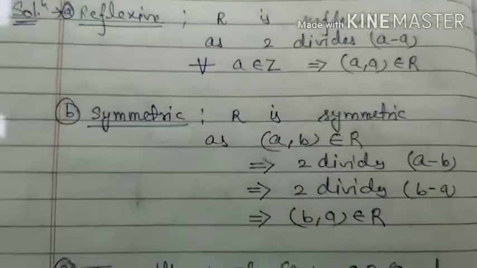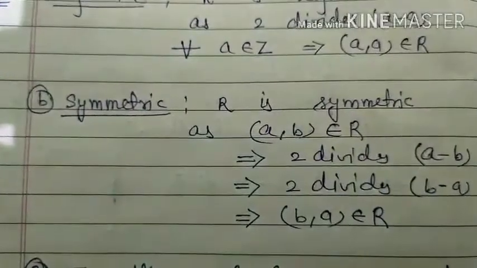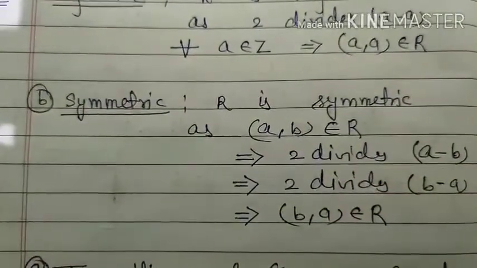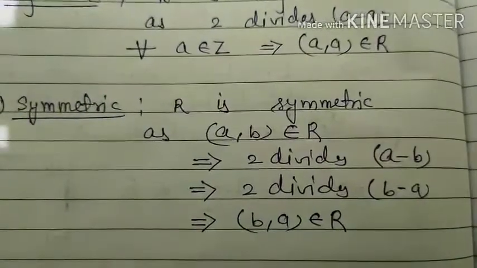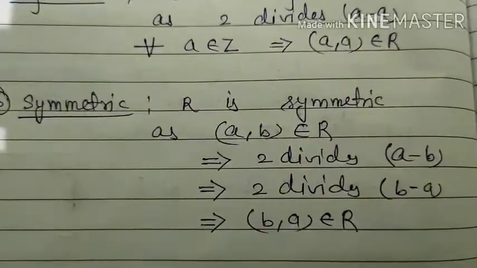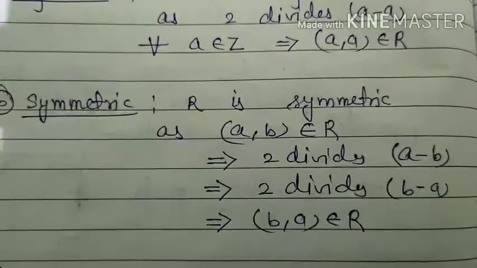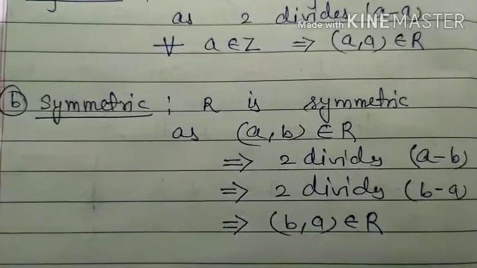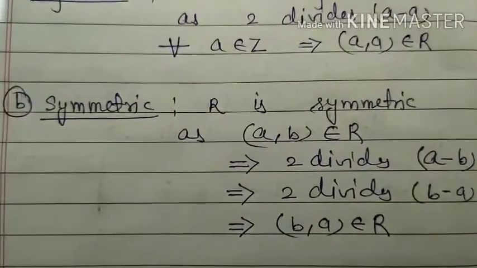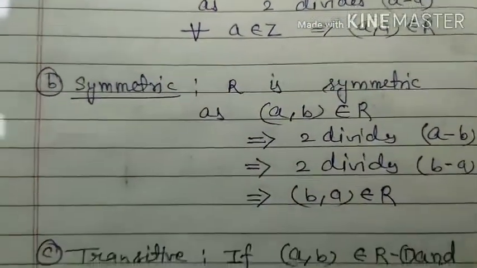R is symmetric as (a, b) belonging to R implies that 2 divides a minus b and 2 divides b minus a, which implies that (b, a) will belong to R. So this means R is symmetric also.